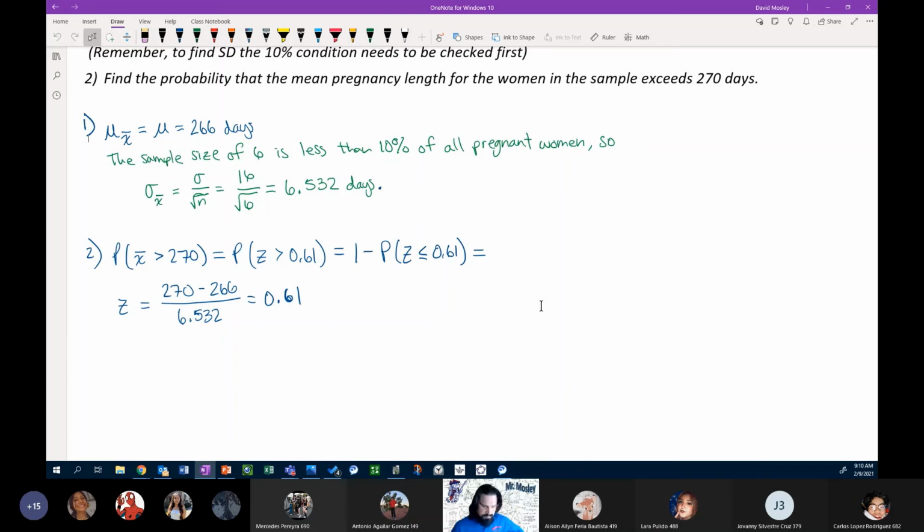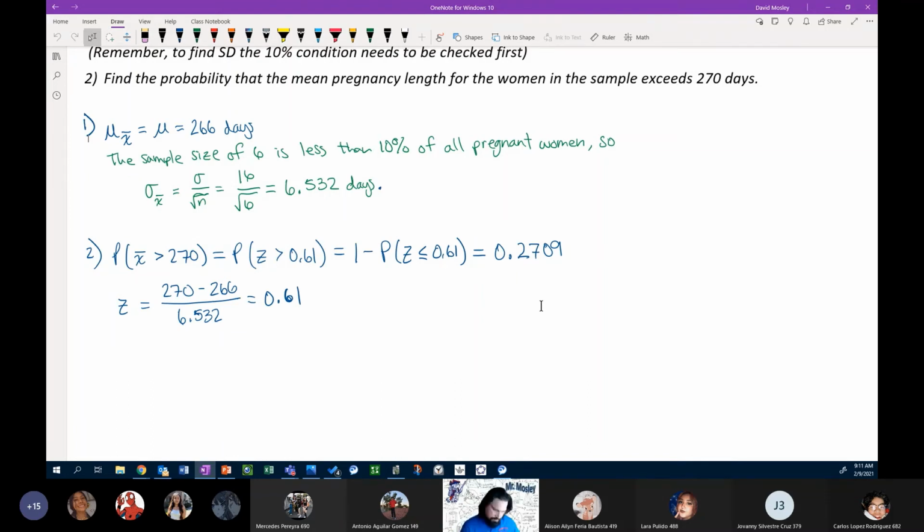So we look up 0.61 on our table A, which I don't have pulled up here, but that's what we did. And we end up with 0.2709, right? Which means that there is a 0.2709 probability that when selecting 6 random pregnant women, their mean pregnancy length exceeds 270 days.